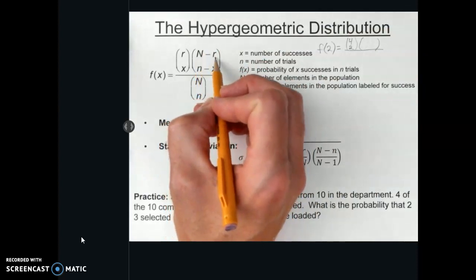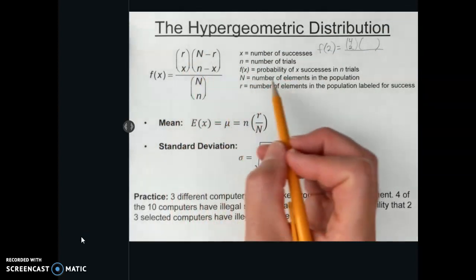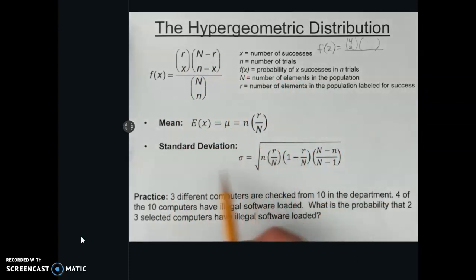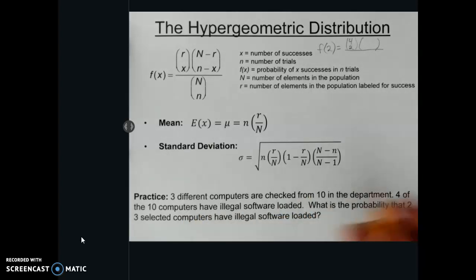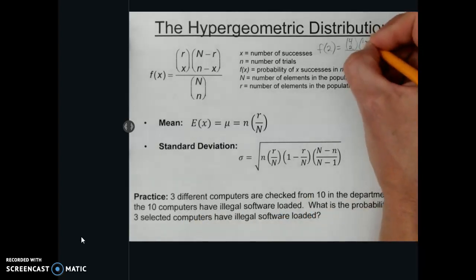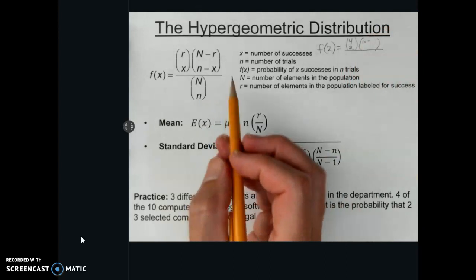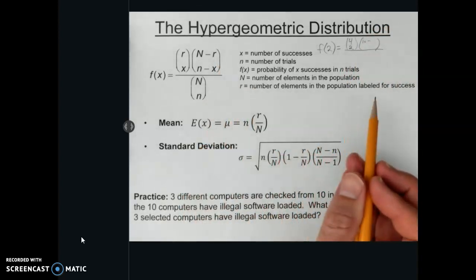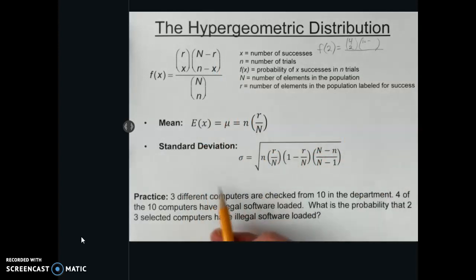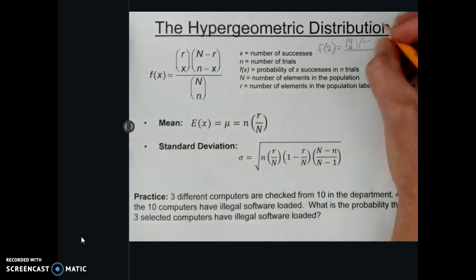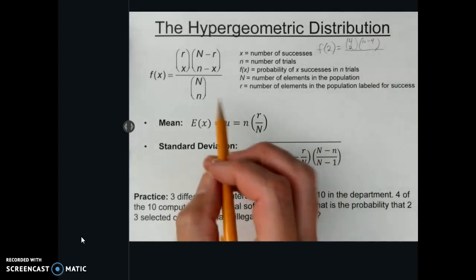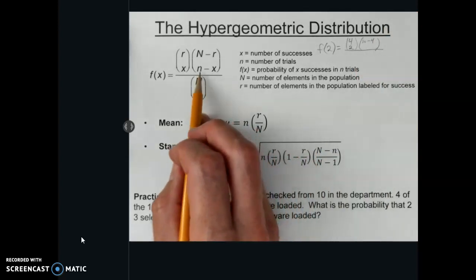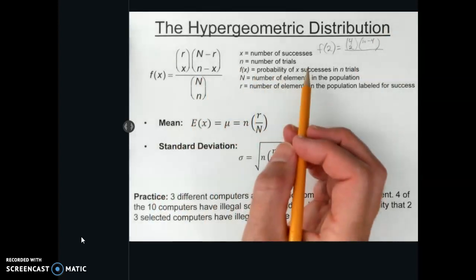Right, let's continue on. Let's plug in here capital N minus little r. Well, capital N is the number of elements in the population, and we established that there's 10 computers in the population, the 10. We subtract from that R, the number of elements labeled for success, which is 4. And then we have little n, which is the number of trials.